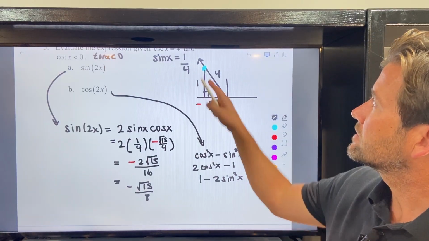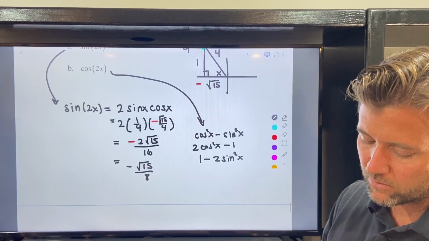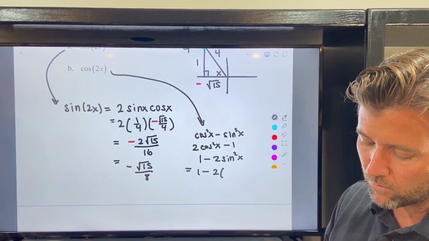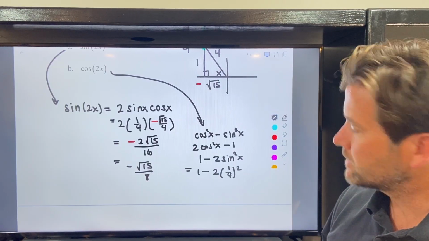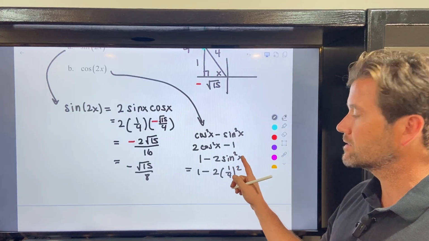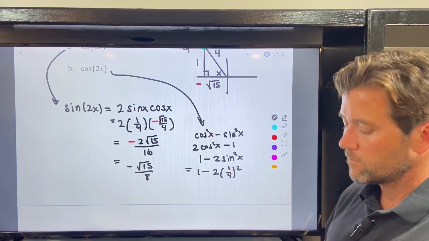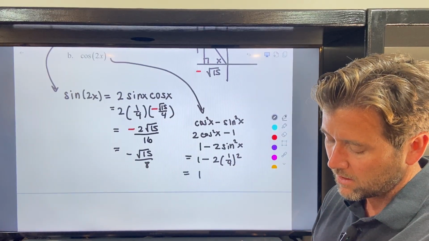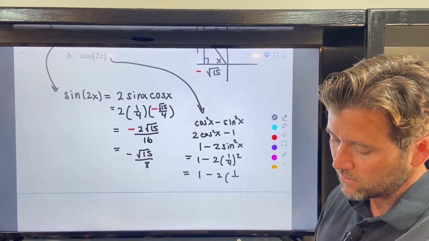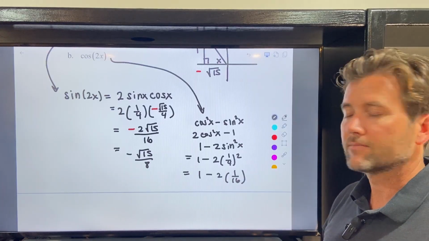So sine of x equals 1/4. So I'm going to replace sine of x with 1/4. This notation is sine of x in parentheses squared. That's what that means. If I square 1/4, I get 1 over 16.